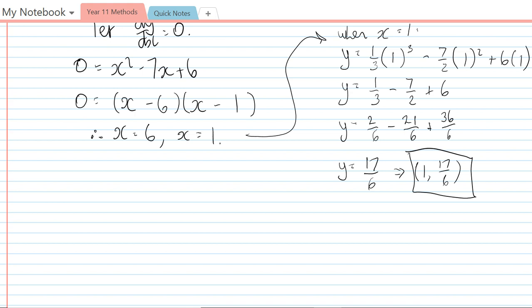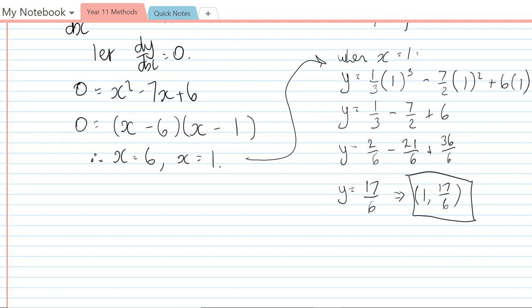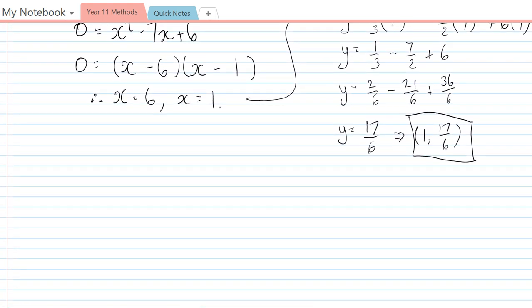I also need to find out when x is equal to 6. So I'm just going to scroll down here. When x equals 6, y equals 1/3 of 6 cubed minus 7 on 2 times 6 squared plus 6 times 6.